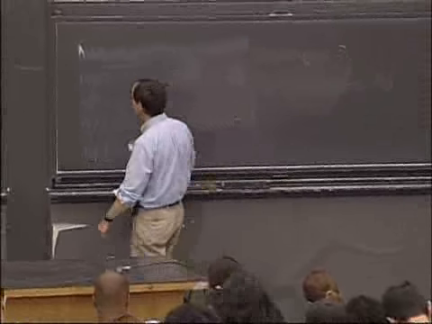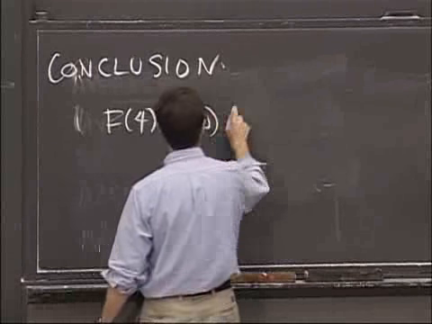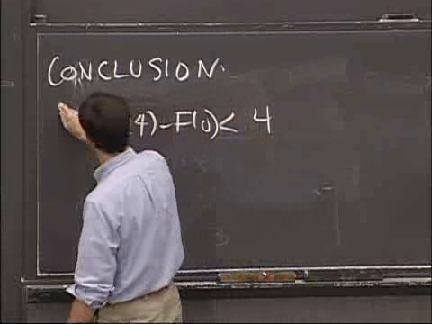And so the conclusion is that f of 4 minus f of 0 is between, well, let's see, it's between 4 and 4/5, right, which are those two numbers down there.